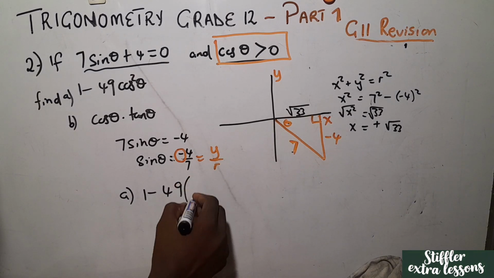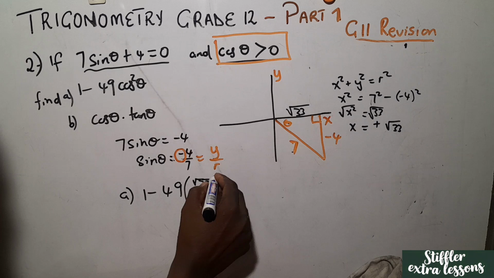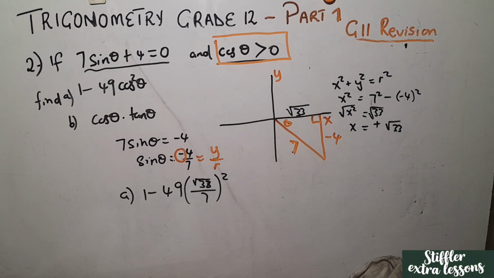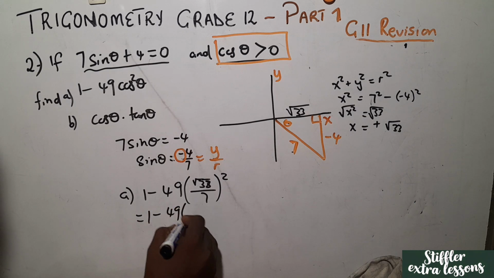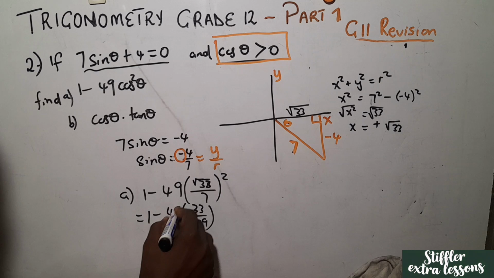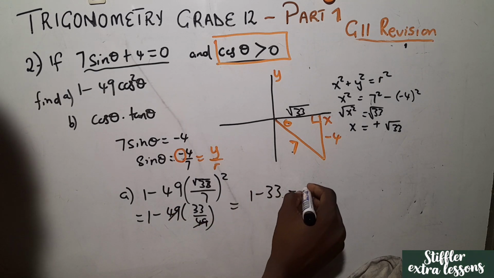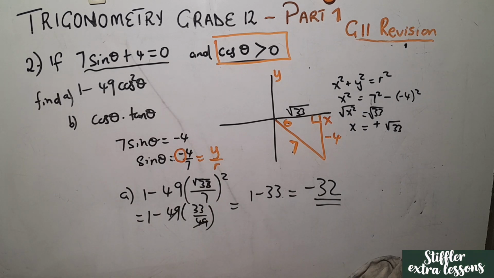So this will be root of 33 all over 7, but all these are being squared. Now we can solve. So this will be 1 minus 49 times 33 over 49. So our answer becomes 1 minus 33, which is minus 32, like that.